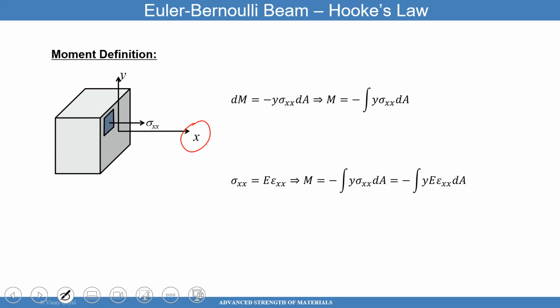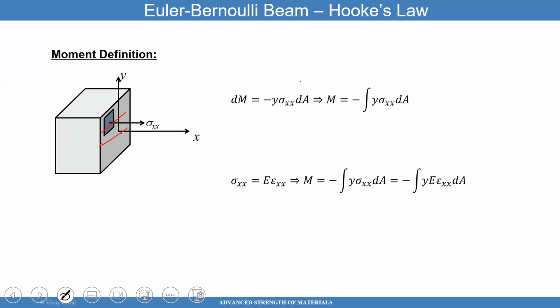What I want to look at is the contribution of sigma xx to the differential moments. When I look at that, I have sigma xx, but then I have that distance to take care of, from here to the top. That's your moment arm, and that moment arm is y.